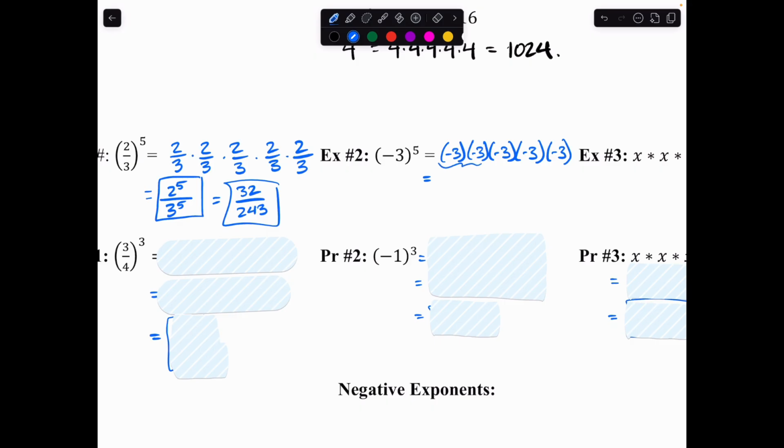I've got -3 times -3, that's going to be positive 9. And another -3 times -3 is going to be 9. I can do this because in multiplication, the order does not matter. I can group them in a different way. I can rearrange them, and then I'll still get the same answer in the end. 9 times 9 is 81. I still have to multiply by that final factor of -3, and I should get -243. So were you right? Did you think that our answer would be negative after all this?